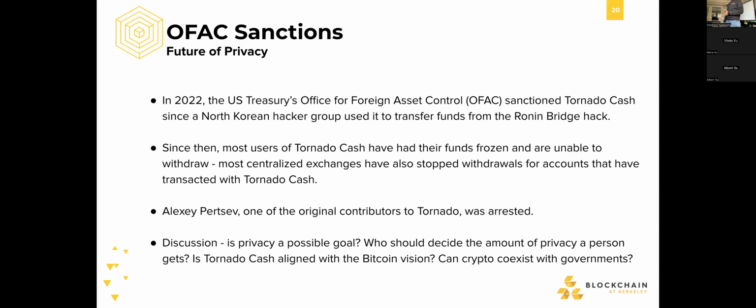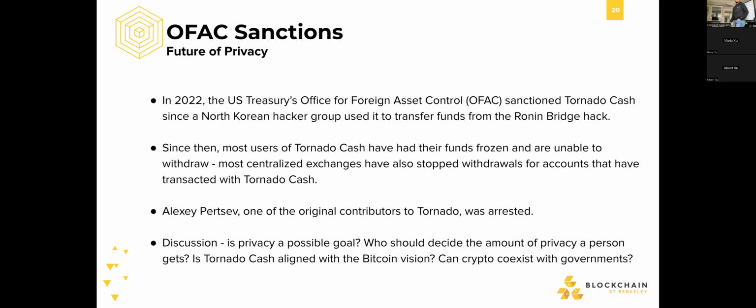The reason was that a North Korean hack group exploited the Ronin Bridge of Axie Infinity, a large cryptocurrency theft of something like $600 million, and used Tornado Cash to launder their money. OFAC essentially said, you're enabling illegal activity, so let's shut you down, or at least bar US individuals and organizations from transacting with you.